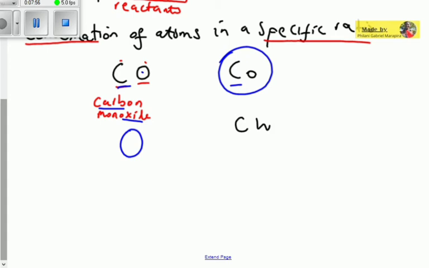No, this becomes wrong. This is not a compound, because each and every element is capitalized. Therefore, if you find that you've got a capital letter and a small letter, you already know that this is an element. This is all one thing, just like helium.